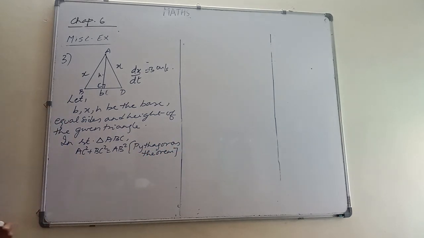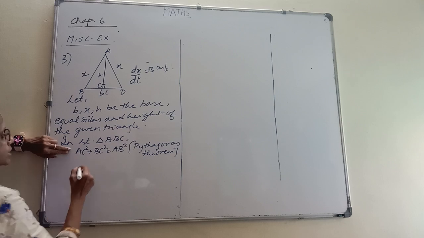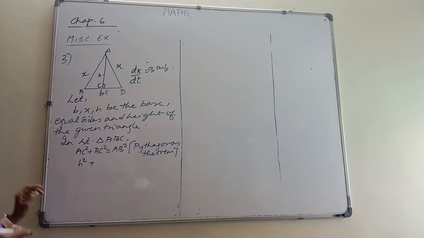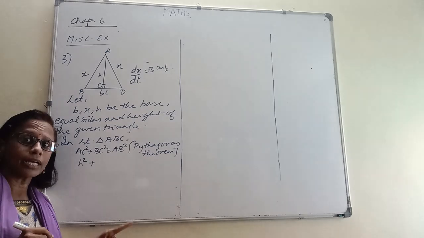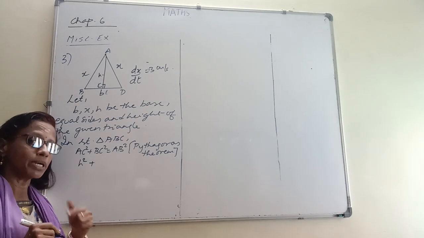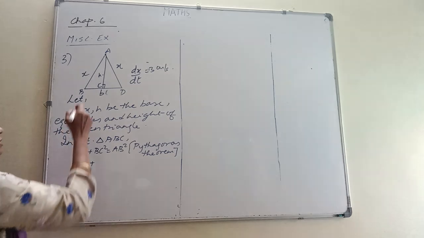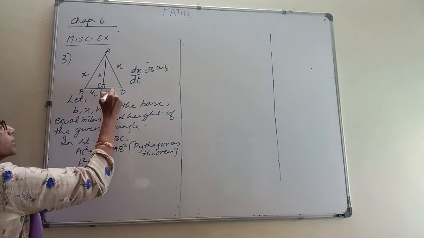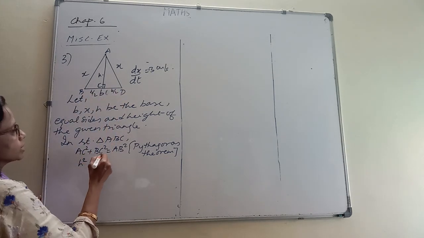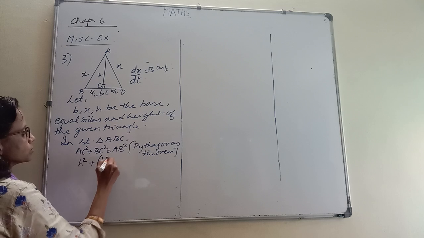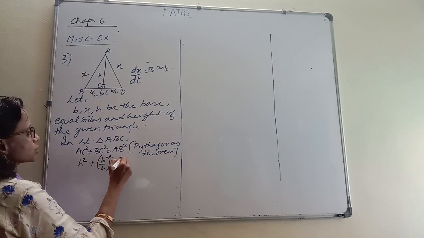Now AC squared for us is H squared. For BC squared, in an isosceles triangle, if you drop an altitude, it becomes a median and divides the base into B over 2 and B over 2. So BC is going to be B over 2 and AB is X for us.